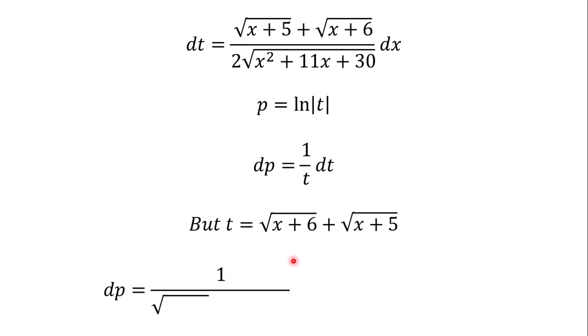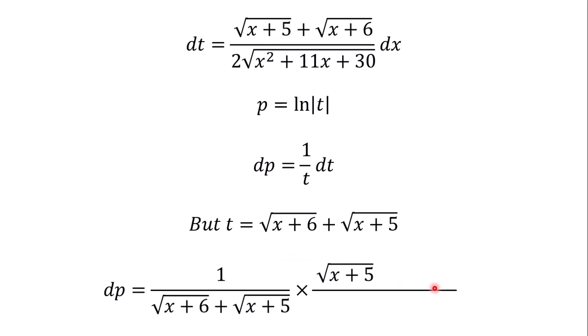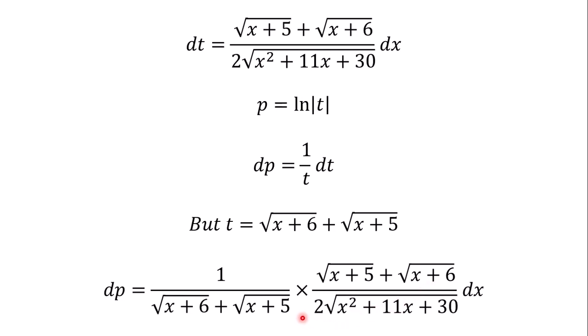So p is equal to, good, this one is representing t, and this one is the derivative of natural log of absolute value of t.